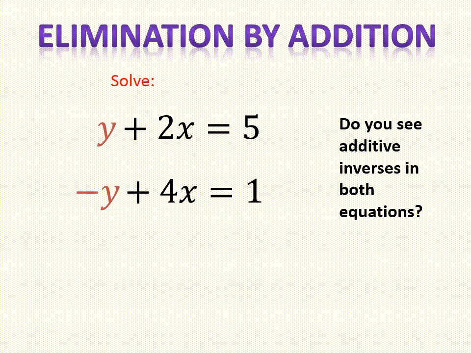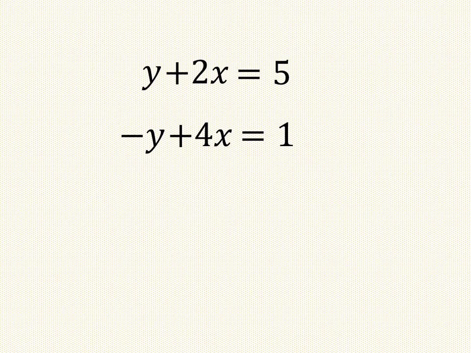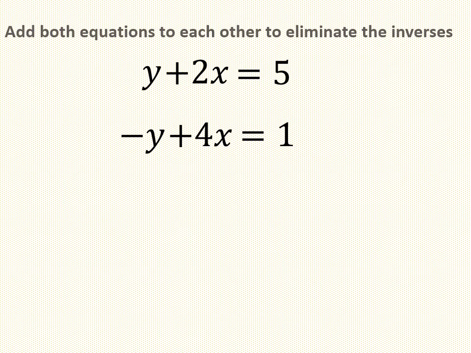If not, you can work with one or with both equations to create additive inverses and use elimination to solve the system. Now, the next step is to add both equations to get rid of one of the variables. And in this case, when we add the additive inverses, y and negative y, we end up with 0.